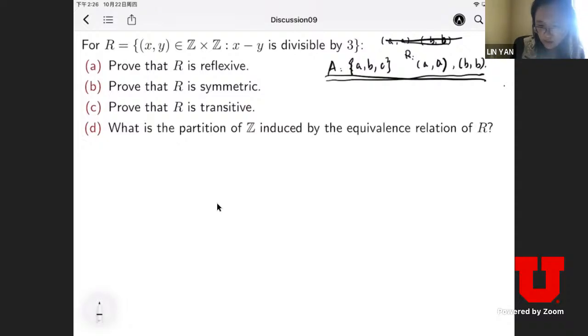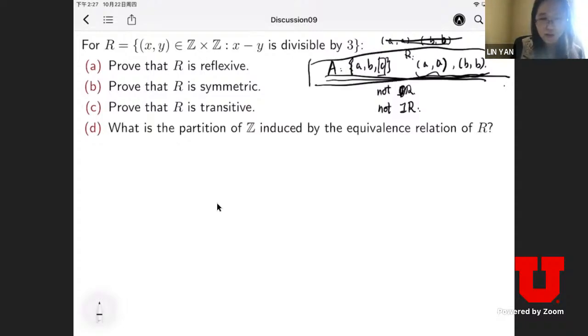The set A has three elements, a, b, c, and in R, (a,a) is in R, (b,b) is in R. Then this one is not irreflexive because we don't have (c,c) in R. But it is also not reflexive because we don't have (c,c) in R. And it is not irreflexive because (a,a) or (b,b) is in R. So for these relations, it is neither reflexive nor irreflexive.